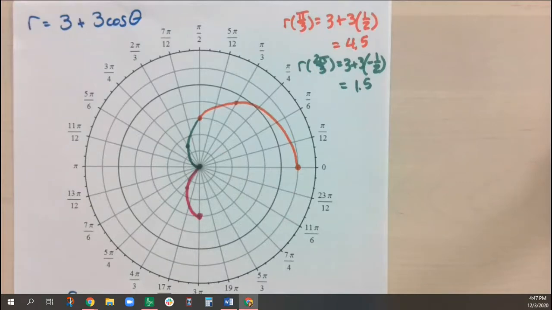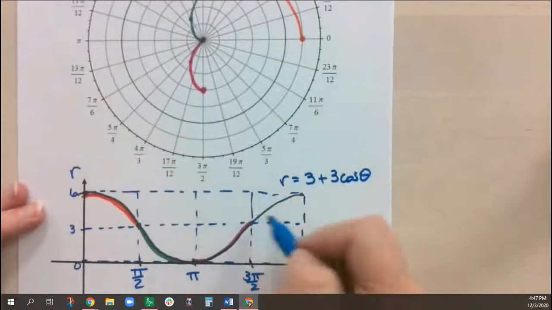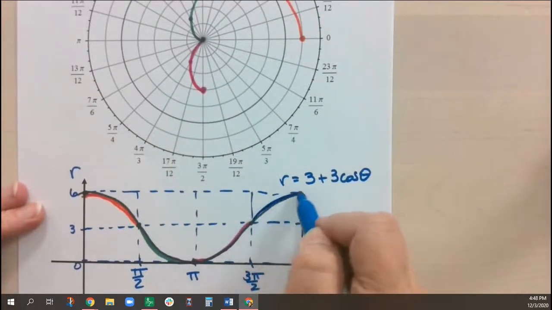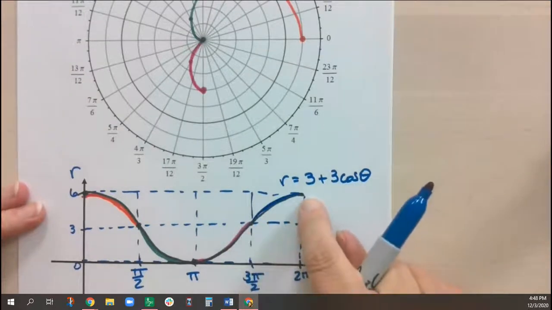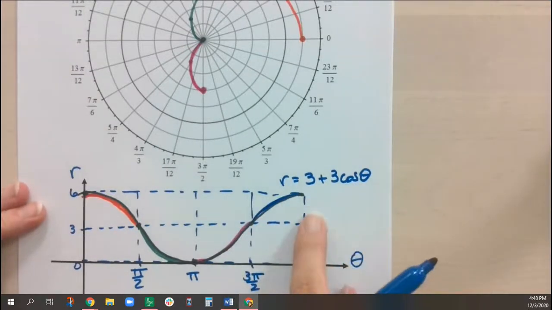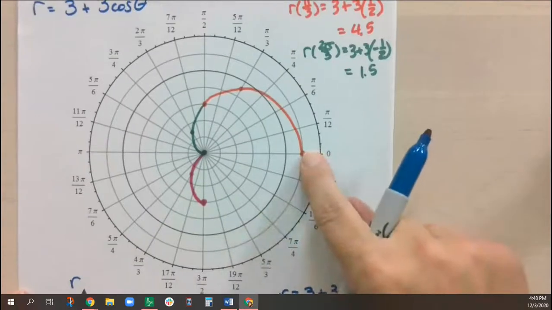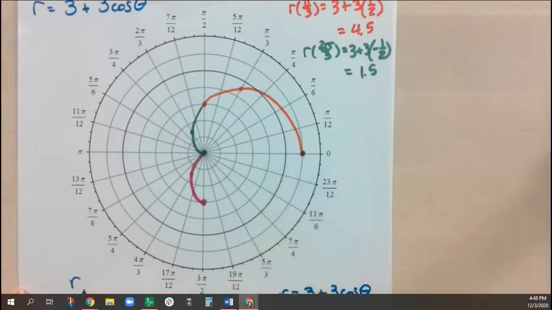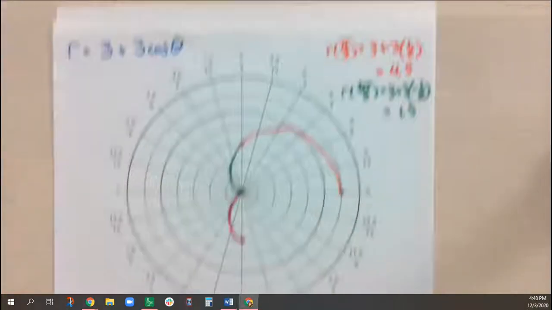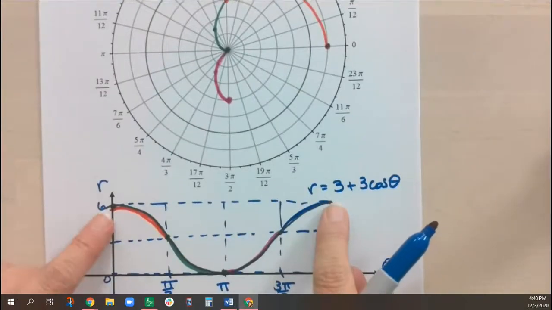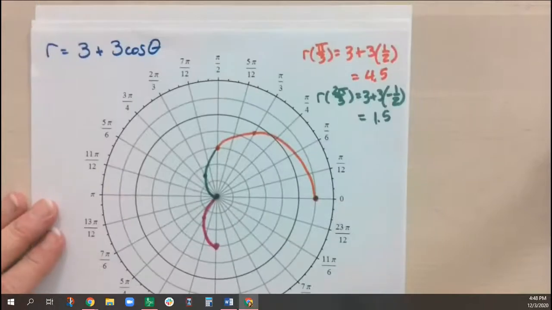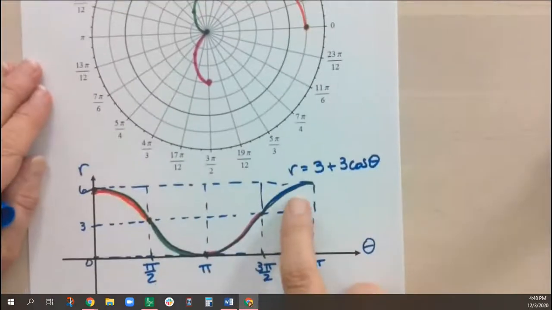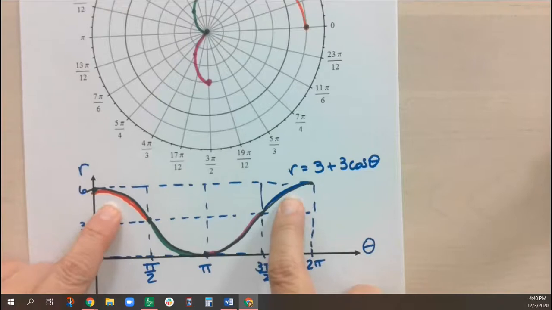And then for our last quadrant, of course, we're going to pick up where we left off. It's going to end when theta is 2 pi. We're back at 6 at 2 pi. That's that same point where we started, which should make sense. A cosine graph always ends where it begins. And this quadrant is going to be symmetrical to the first one because these pieces of the graph are the same.